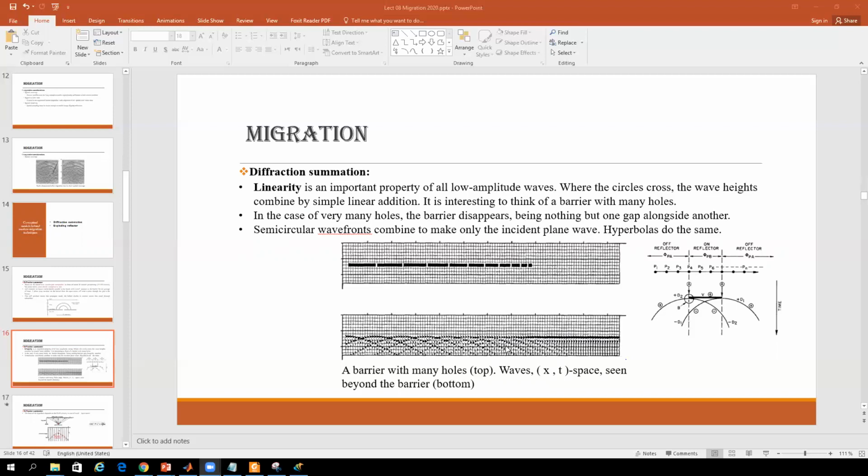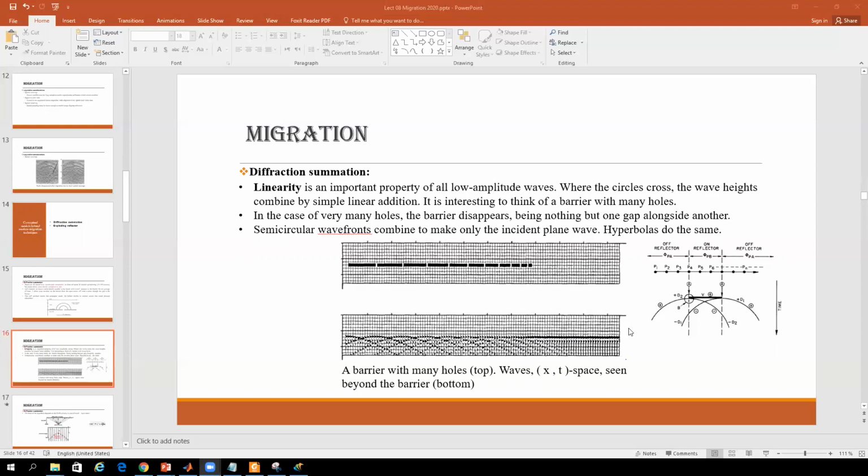And this is happening with exactly the same mechanism, simply the interference between many wavefronts.